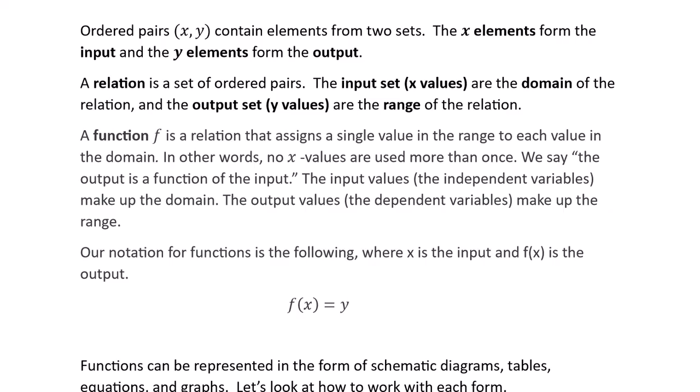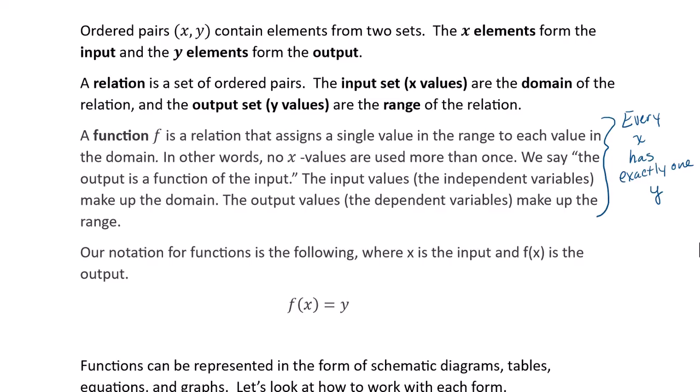The output values, or dependent variables, make up the range. A quick way to remember this is to say that a function is a relation where every x has exactly one y.